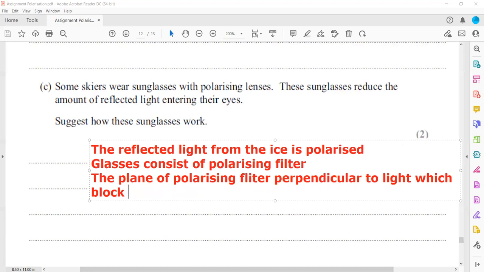You can use the term block or you can use the term absorb. That's how it reduces the reflection or the glare from the surface of the ice.